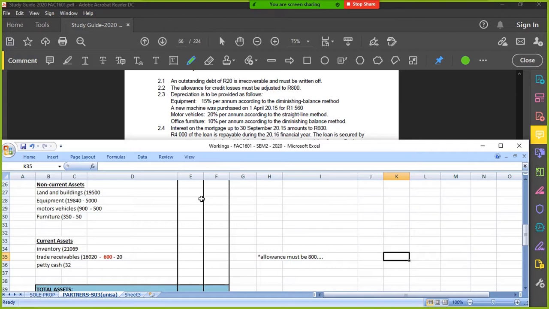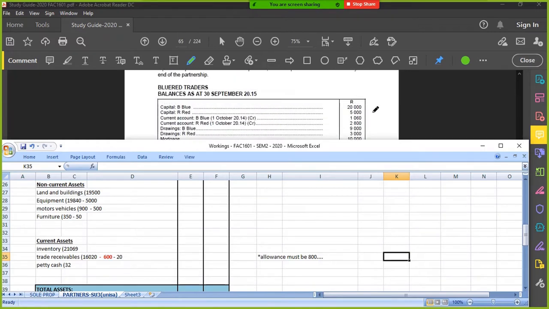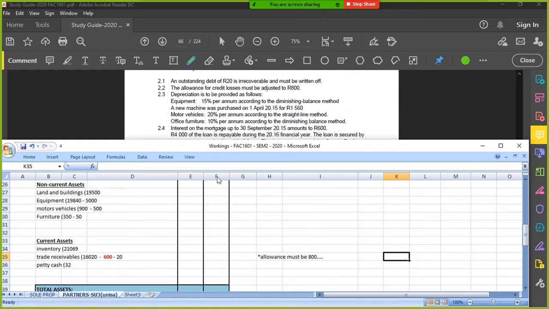Notice you're dealing with an allowance here. An allowance has a credit balance. It might even be given here. No, it wasn't. This is just one column, so you need to know if it's a debit or a credit. How do I increase the allowance? By crediting it. So debit the credit loss, credit the allowance. I'm going to show a bracket.